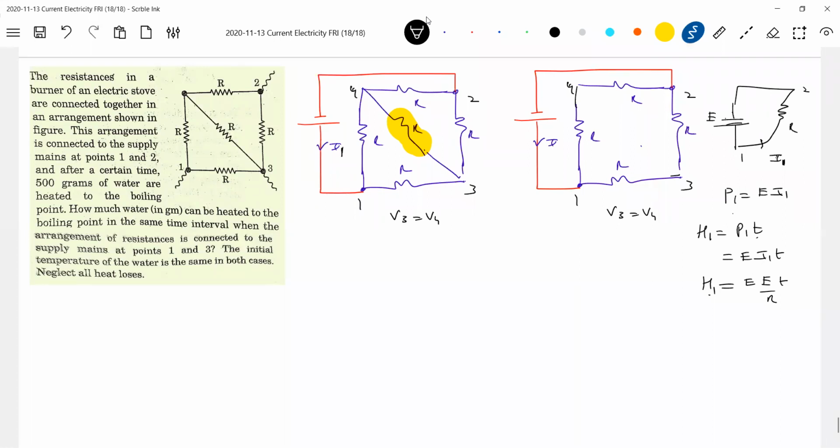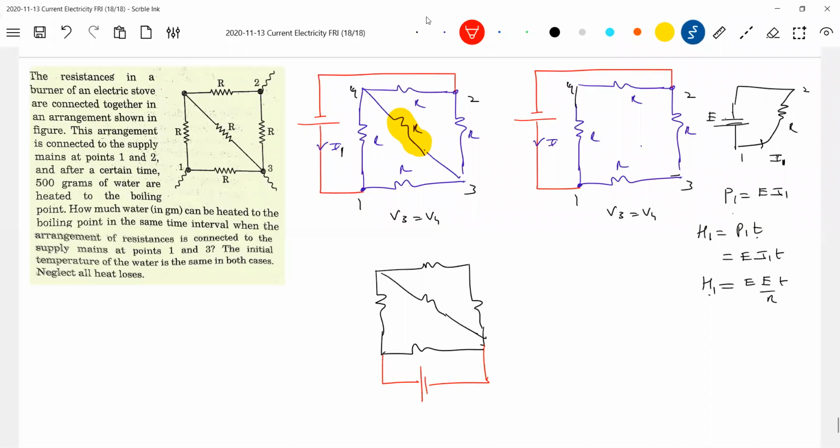Second situation, I'm going to connect the cell across 1 and 3. Then what is it?